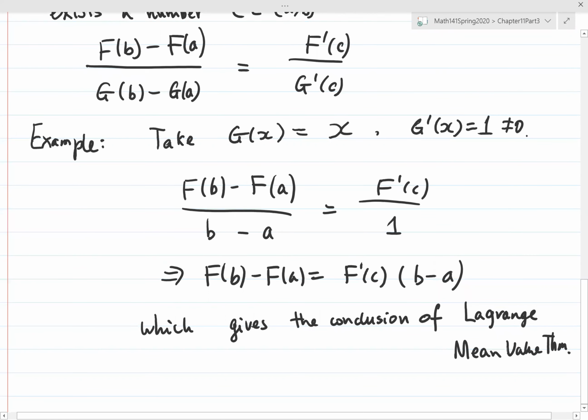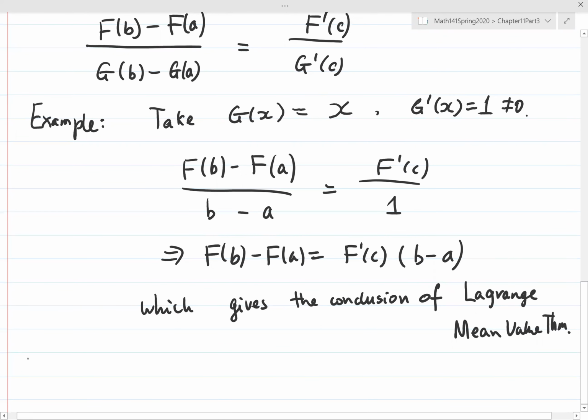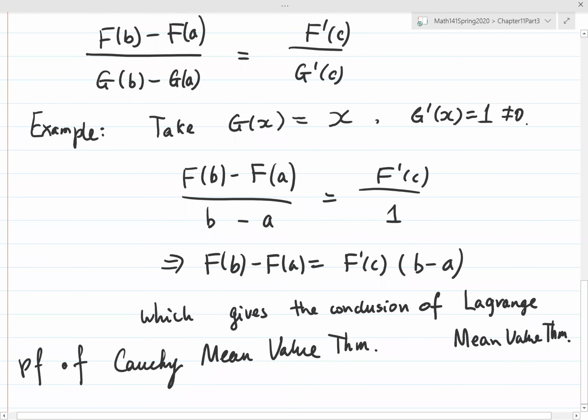Now we give a proof of the Cauchy mean value theorem. To prove this kind of theorem, we use algebra and rearrange it.